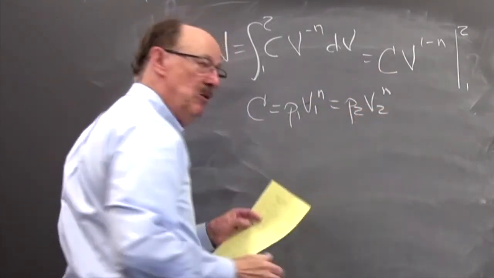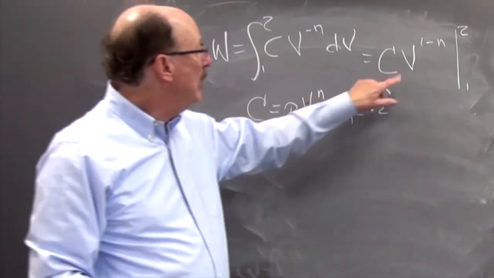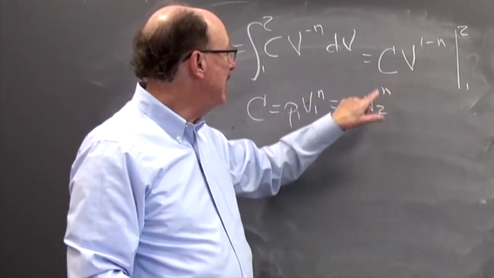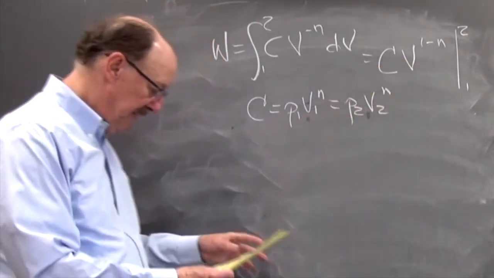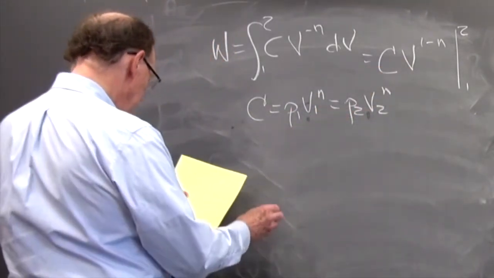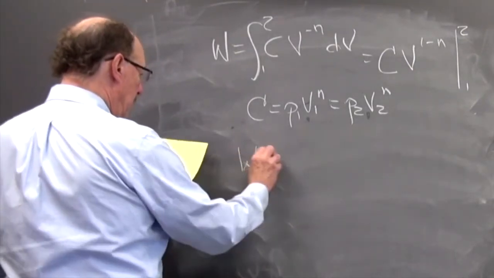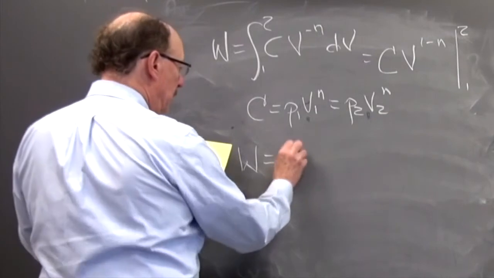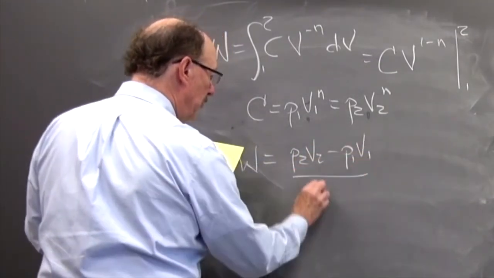So I can pick whichever value I want for C, and when I integrate this, it'll turn out that in some instances it's better to have C be this or C be that. So work is equal to P2 V2 minus P1 V1 over 1 minus n.